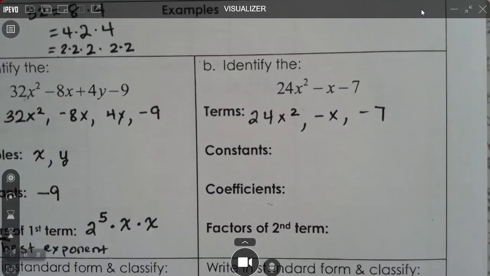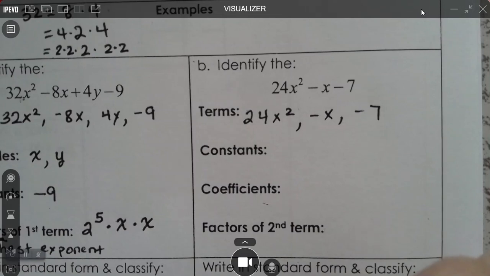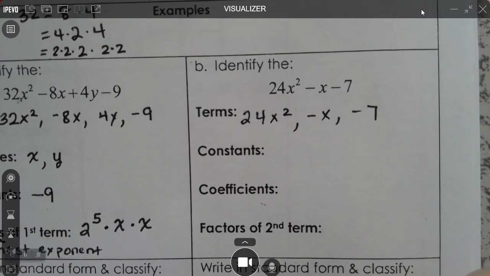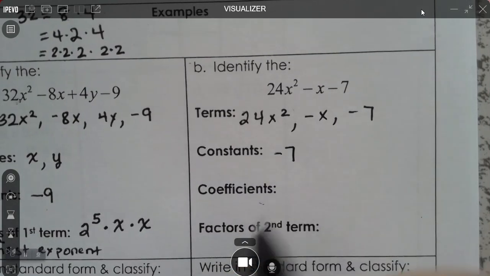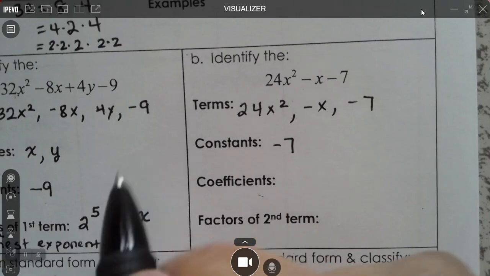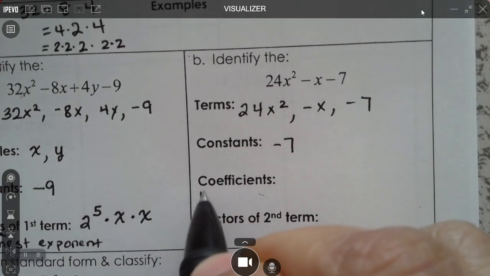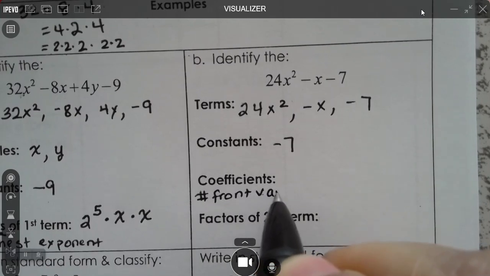Okay? 3 terms. The constant is going to be the one that doesn't have a variable. So the only term that doesn't have a variable is negative 7. The coefficients are going to be the numbers in front of the variables.